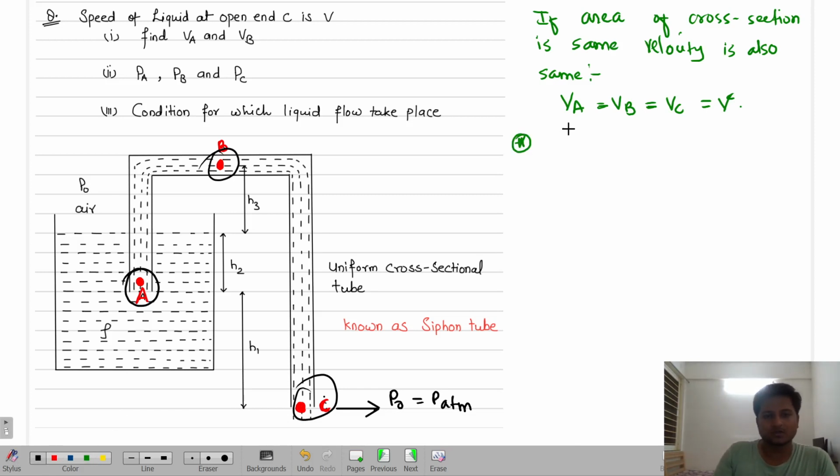So now look over here. So pressure at A plus half. Now the question arises: what is your reference point? That's the biggest question.